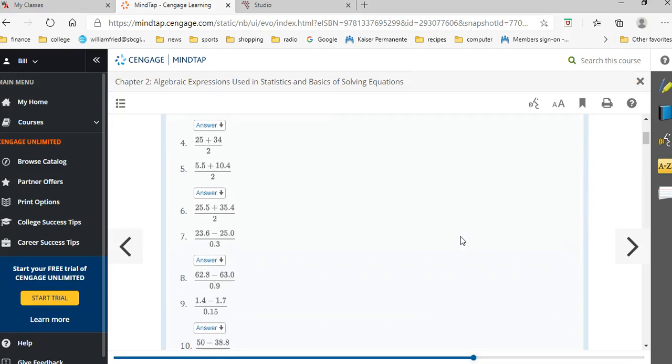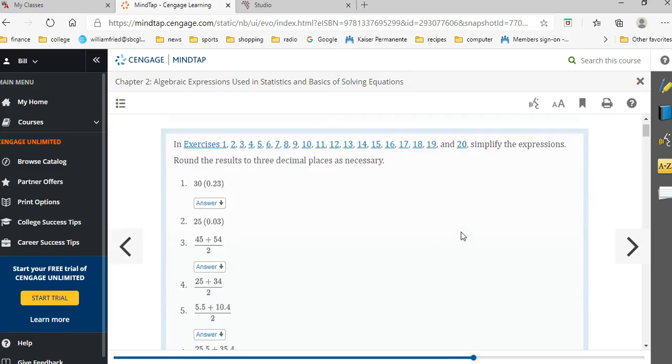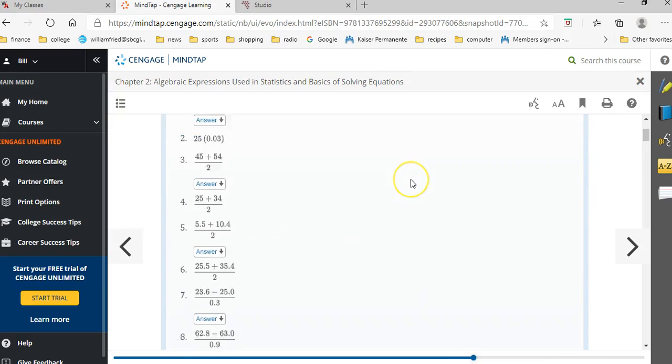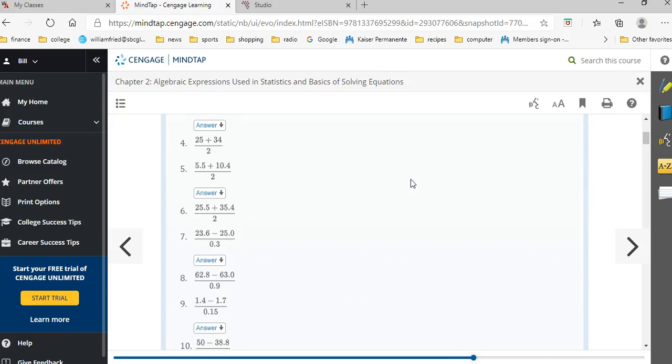So this one here, they say round the answers to 3 decimal places. Let me do number 8 here. It says 62.8 minus 63 divided by 0.9.